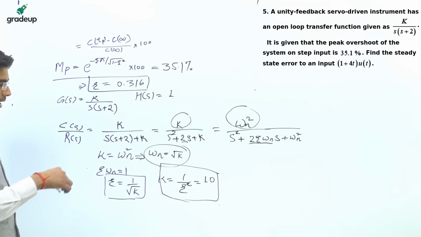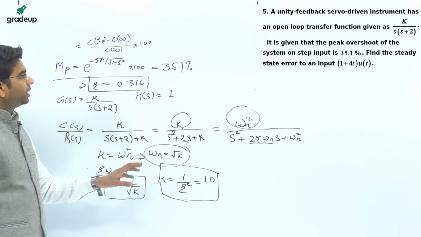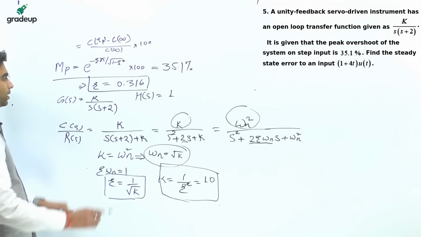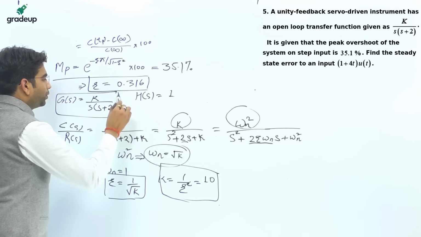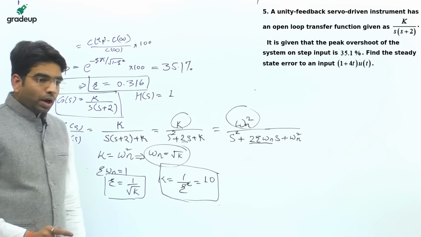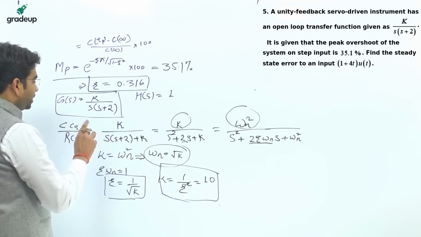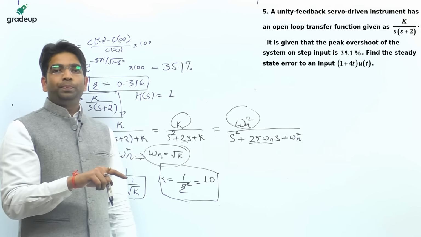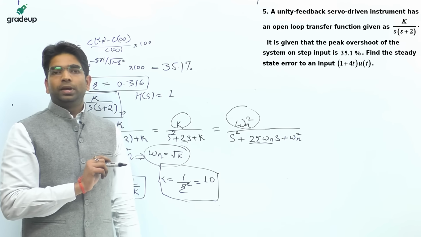Okay. अब यहाँ पर आपको देखना है, it is a standard second order equation, but it is of type 1. The equation given was of type 1. और type 1 के कारण, if it is type 1, the error in this has to be due to ramp. Okay.